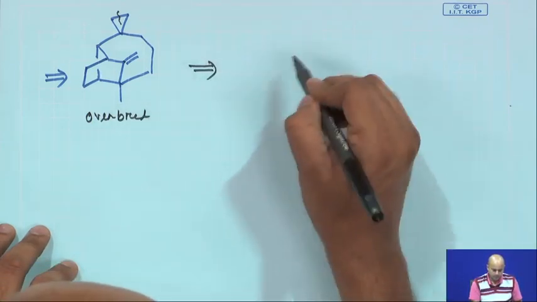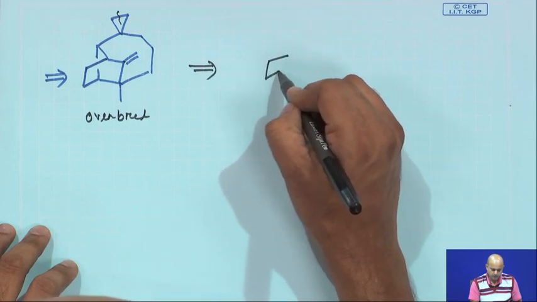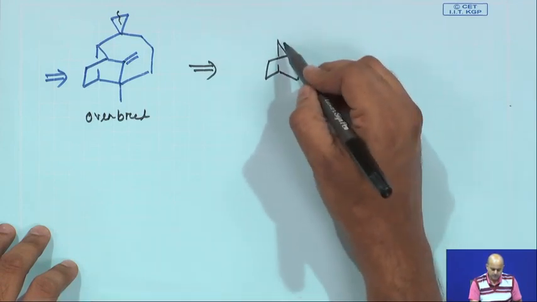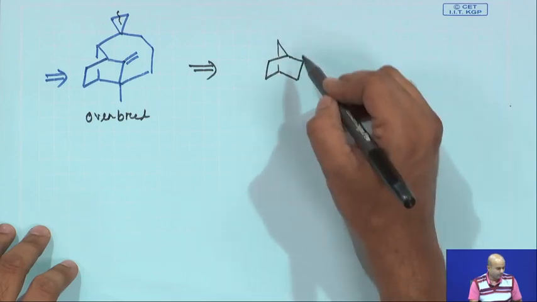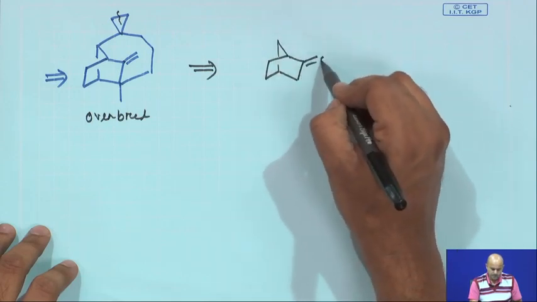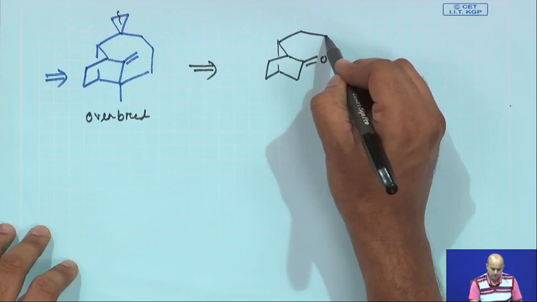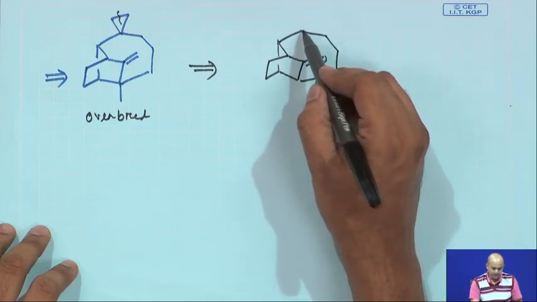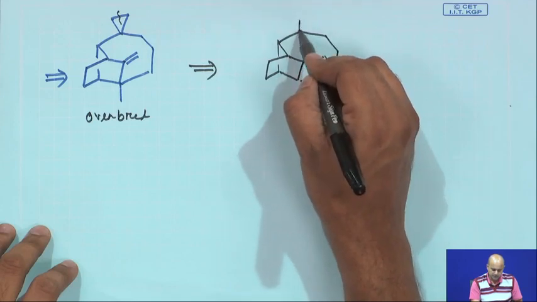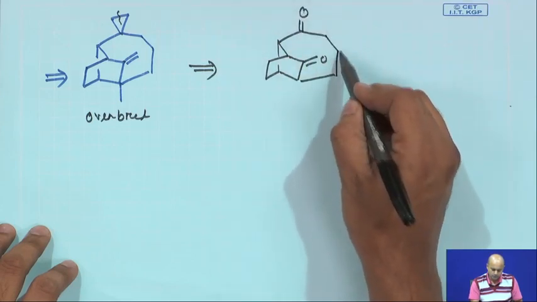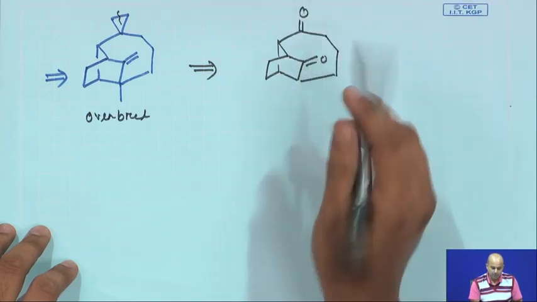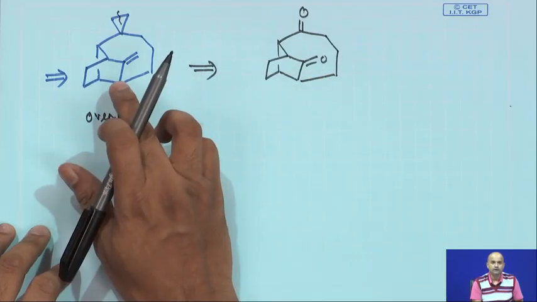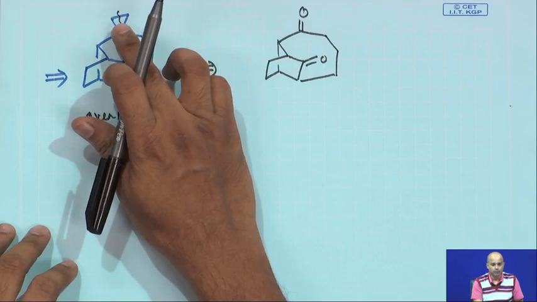Now, I will try to further do the retro, and then I will say that now if you have this dicarbonyl compound 1, 2, 3, this dicarbonyl gives you access to this intermediate or this cyclopropane overbred.